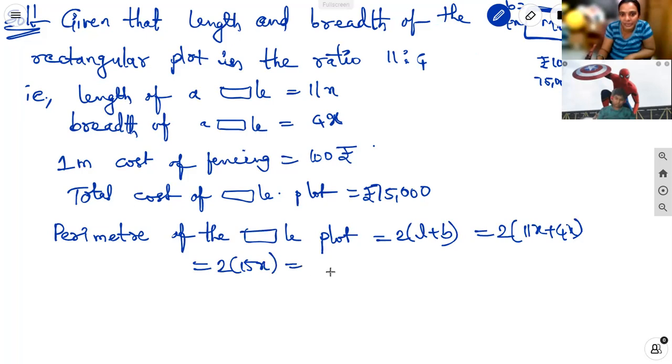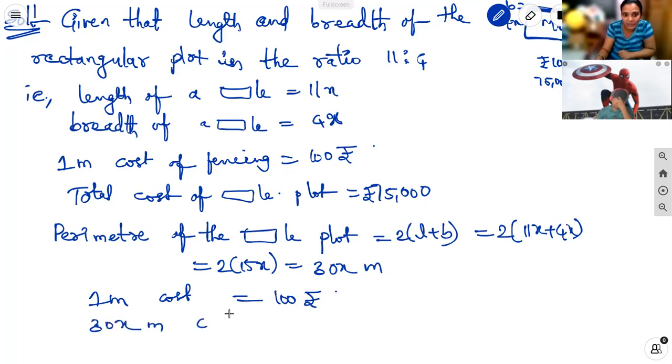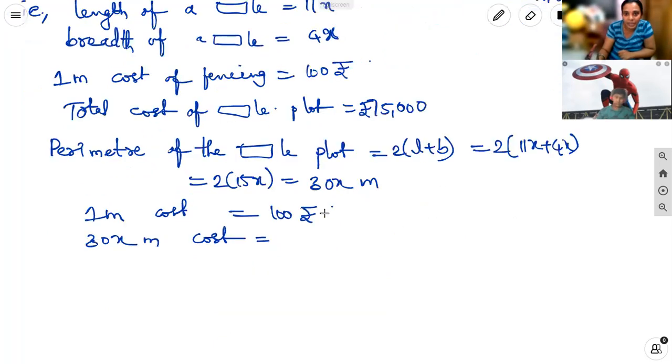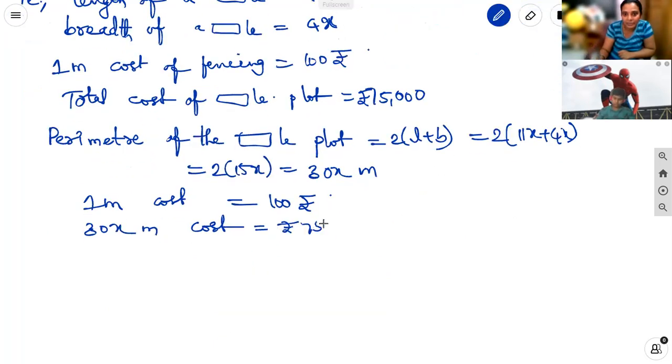2 15s are 30x, so 30x meters. 1 meter cost equal to 100 rupees, then 30x meters cost equal to 75,000 rupees.